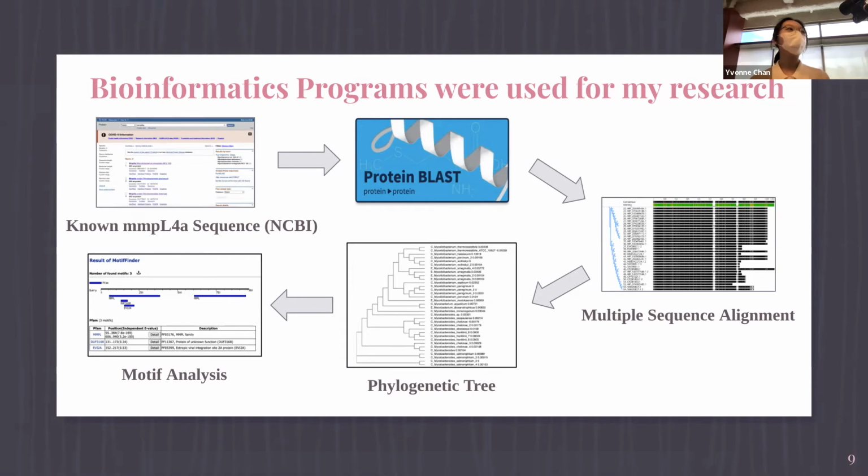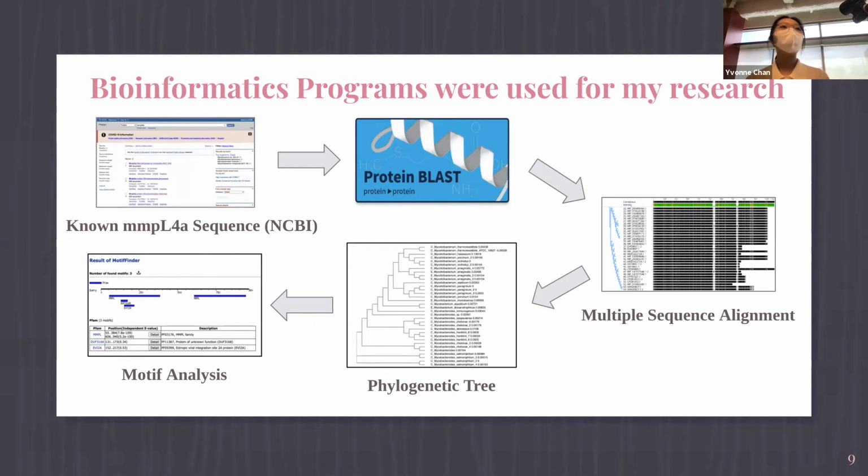After that, I performed a multiple sequence alignment using bioinformatics programs called Geneious and Clustal Omega. A multiple sequence alignment vertically aligns gene sequences and indicates how similar they are with black bars, which are regions that have identical sequences. I then converted the alignment results into a phylogenetic tree, which helped me identify how closely the sequences were related.